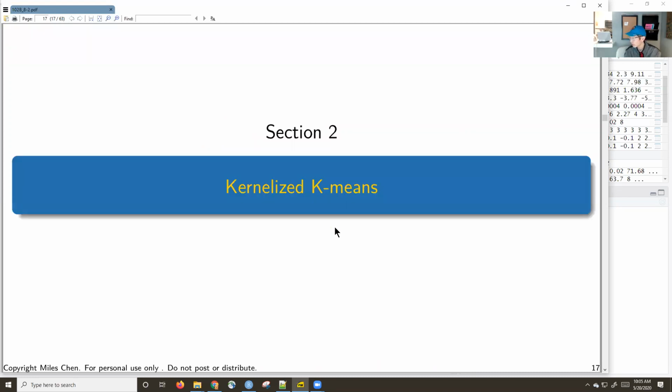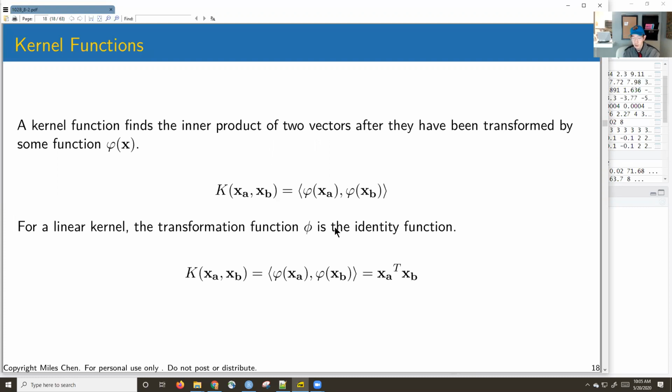Okay, so what we will do is k-means clustering with kernels. If you recall, a kernel function applies some kind of transformation function to your vector x, and then takes the inner product of the resulting vectors.